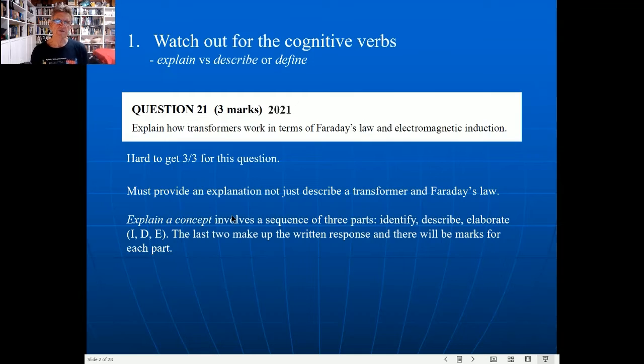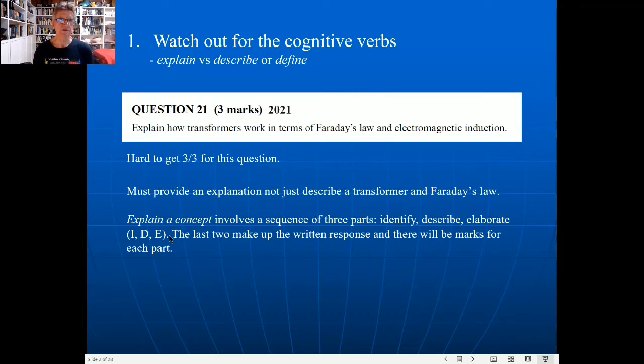So when you have to explain something, there's 3 parts to it. You have to identify what you're talking about. So identify the term or the scenario, whatever the question's about. Then describe it. That's the first part. So you're describing, and that's a lower level cognitive verb, if you like. And then you're going to elaborate. So after you've described it, you're going to elaborate.